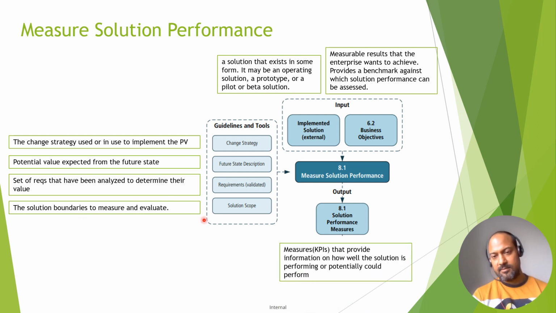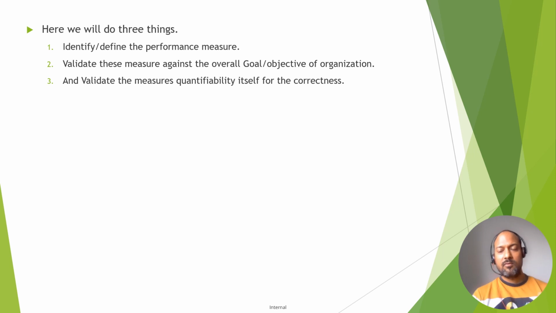And we get the measures or the KPIs, in a different way we can say, to ease up relating things. So measures are basically the KPIs that provide information on how well the solution is performing or potentially could perform. Now, what are the things we do generally in measure solution performance?